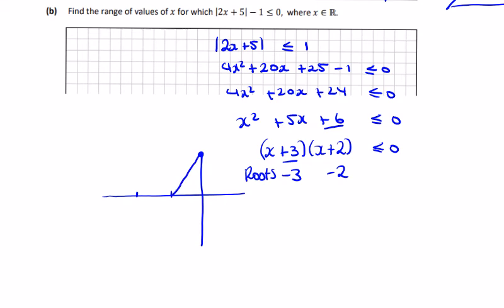So if I sketch this quadratic, down and back up, it's only a sketch, to be less than or equal to 0, our values range in here. So x is between the values of minus 3 and minus 2.